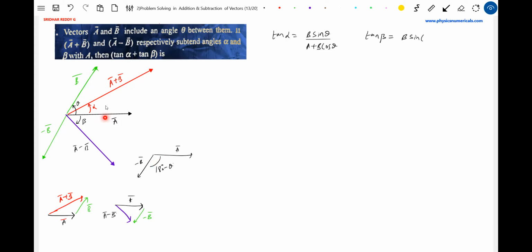Theta is the angle between A bar and B bar, so 180 minus theta will come here. So tan beta is B sine of 180 degree minus theta over A plus B cos of... no, over A minus B cos theta, and sine of 180 minus theta will be sine theta.